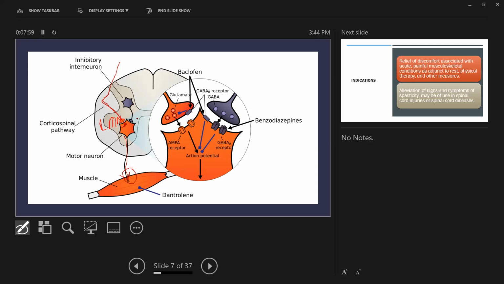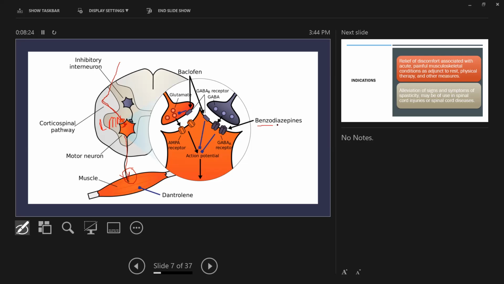Now, there are also inhibitory interneurons. These release GABA, gamma-aminobutyric acid. There are GABA A and GABA B receptors, both on the upper motor neuron and here on the lower motor neuron.